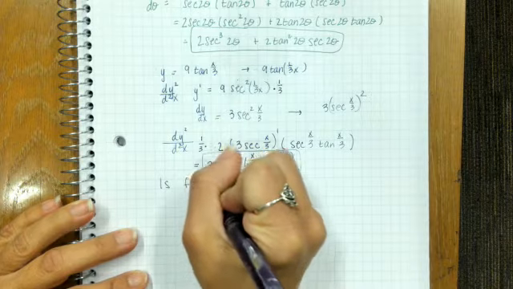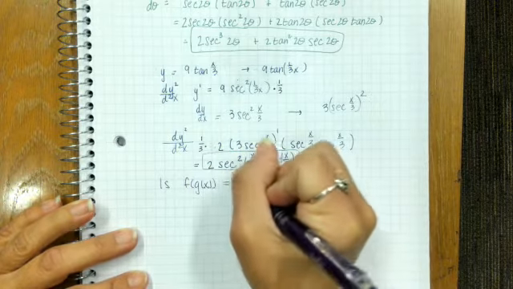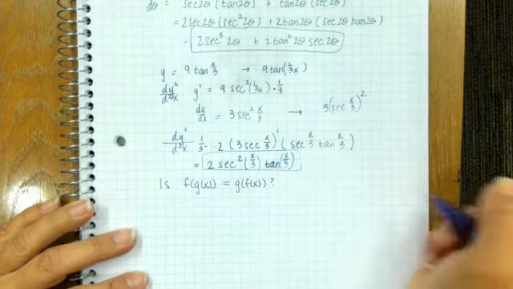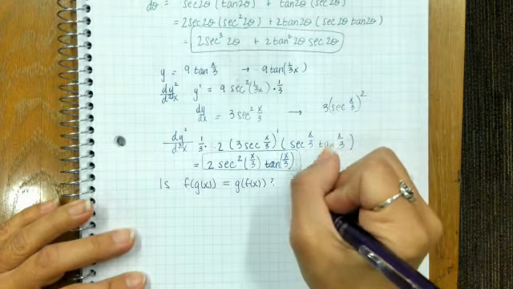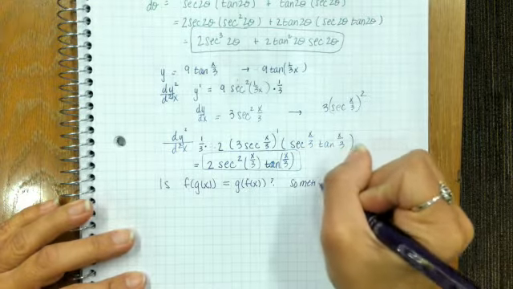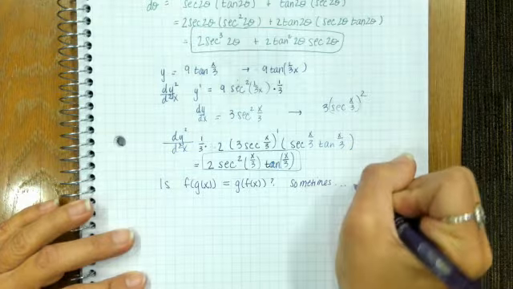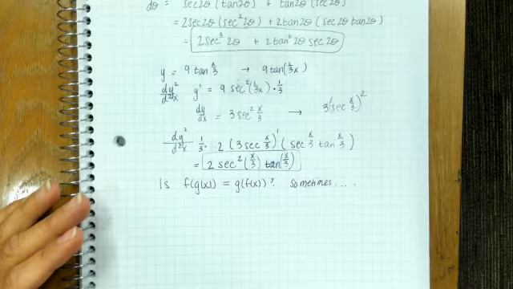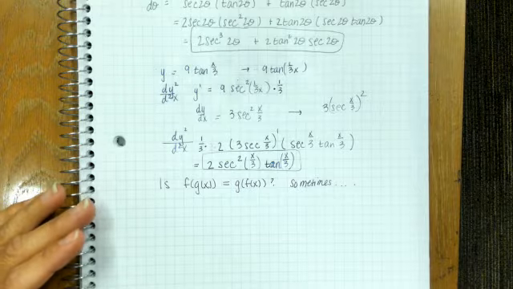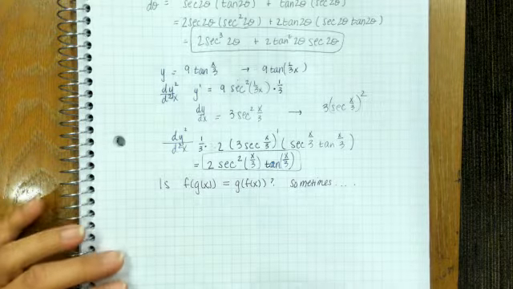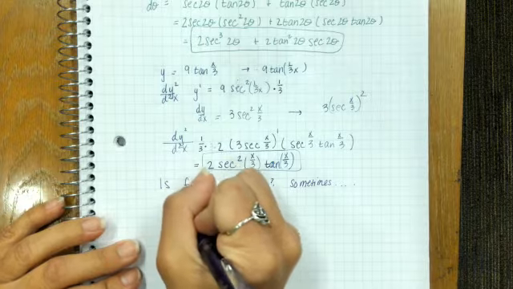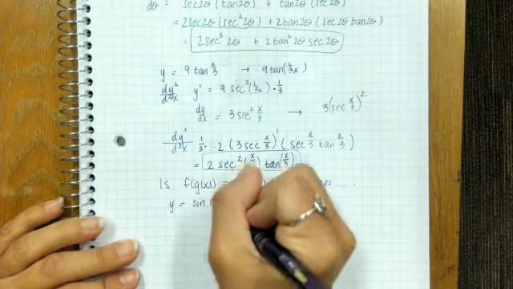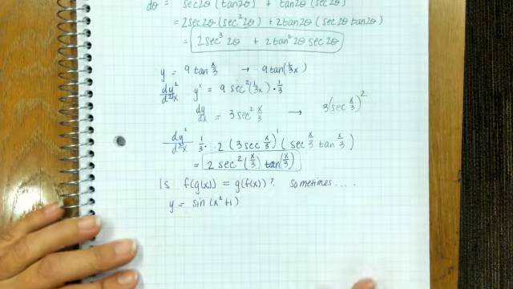Is f of g of x equal to g of f of x? The answer to that is sometimes, but not always. With the chain rule, let's take a look at something such as y is equal to the sine of x squared plus 1.